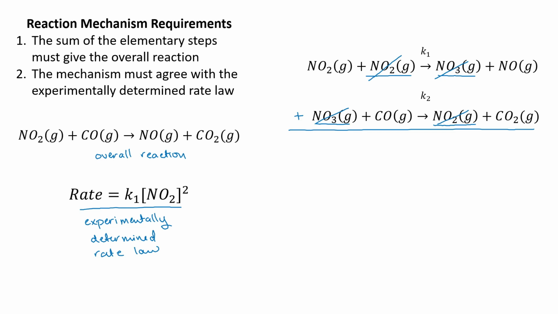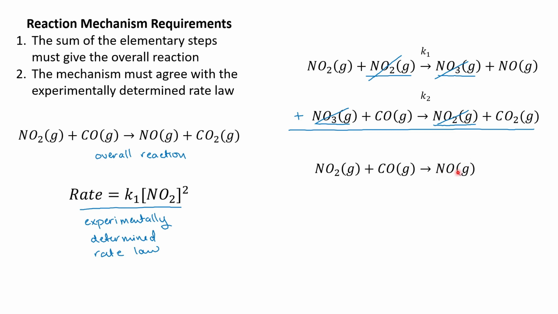Next, I check, does anything else add out? I don't see anything else adding out or adding together, so let's see what we have as our final reaction. So I'm going to bring my single NO2 down. And I also have a carbon monoxide here on the reactant side, so I'm going to bring that down as well. That's it for the reactant side. Now let's see what I've got on the product side. On the product side, I have an NO, or a nitrogen monoxide.